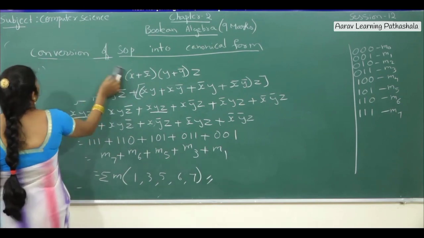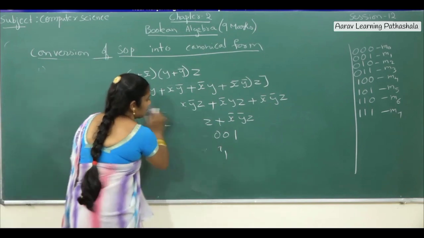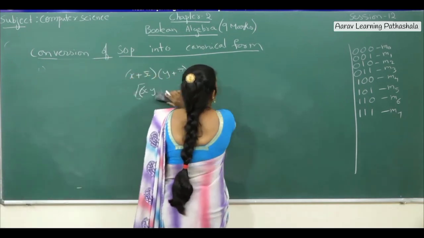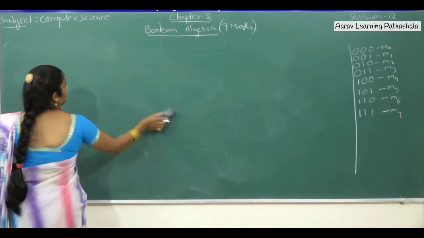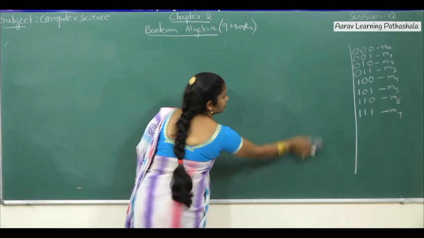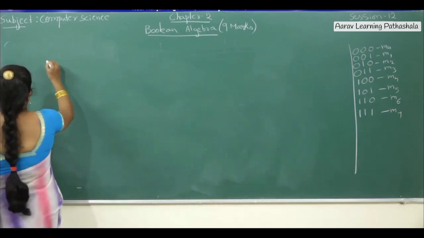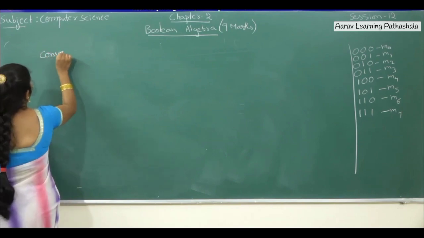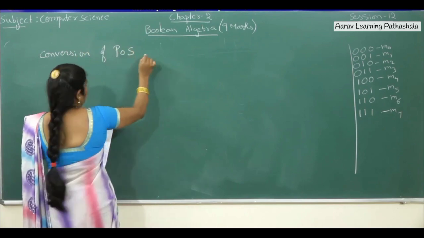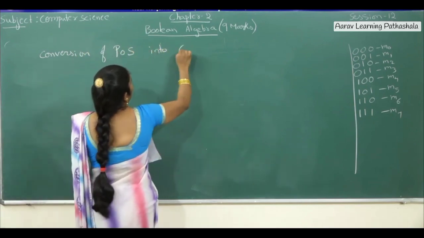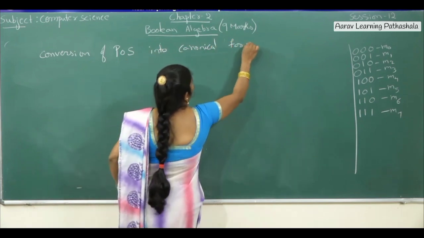Next I am going to explain the canonical form of product of sum format. Now see the given expression; the heading is conversion of product of sum into canonical form.